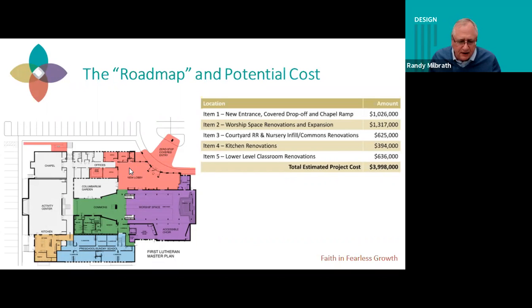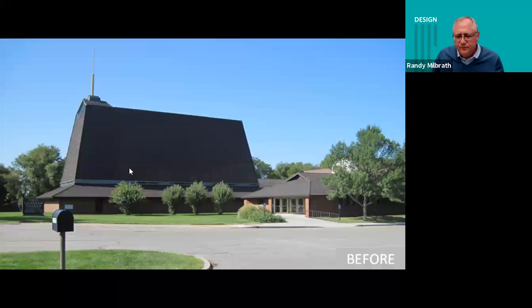So next slide. I'm just going to show you real quickly. This was the church beforehand, and a big concern was it's kind of an interesting looking structure. It didn't particularly look welcoming to people who might be driving by. It was kind of stern and not a lot of windows.